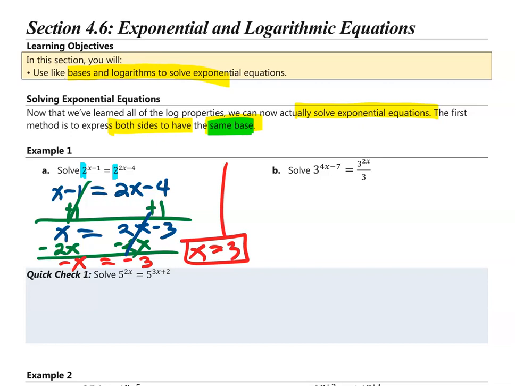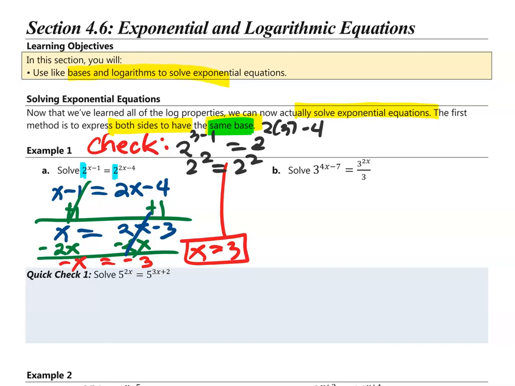Then letter B, solve 3 to the power of 4x minus 7 equals 3 to the 2x all over 3. But before that, let's check our answer for letter A. Since we get x equals 3, let's check that. 2 raised to 3 minus 1, is that equal to 2 raised to 2 times 3 minus 4? 3 minus 1 is 2, so 2 squared. 2 times 3 is 6, minus 4 is 2, so 2 squared.